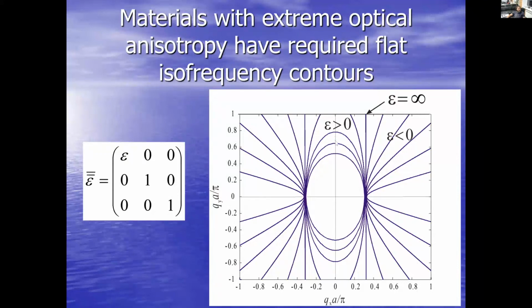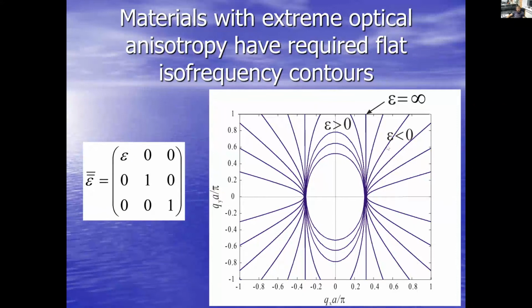Depending on the sign of epsilon, you either have elliptical contours if epsilon is positive, or hyperbolic contours if epsilon is negative. You have hyperbolic metamaterials if epsilon is negative. But right in between, if somehow by a Lorentzian curve, whatever, you can get epsilon very large, close to infinity, then you will have exactly flat isofrequency contours, which are required for the canalization regime.